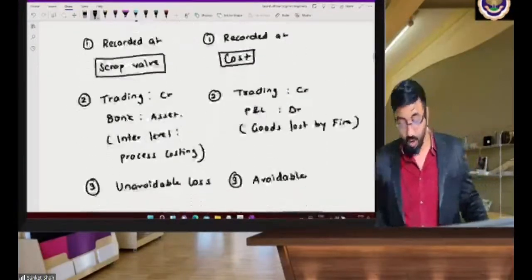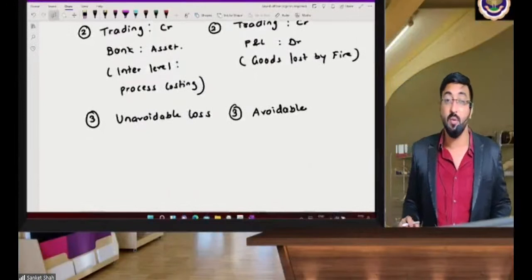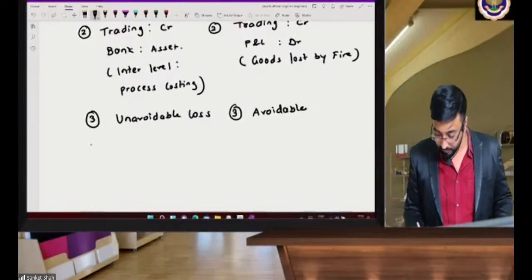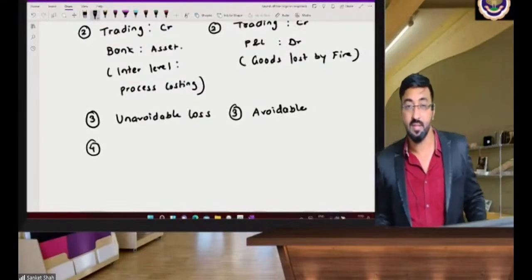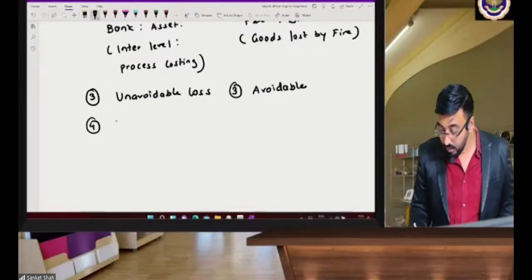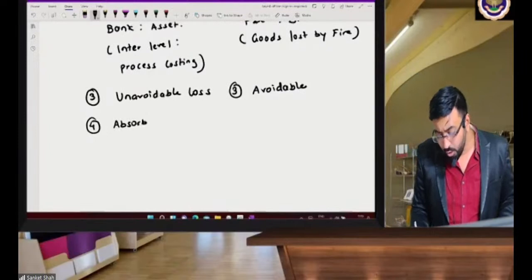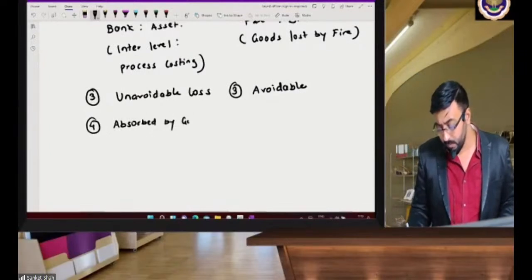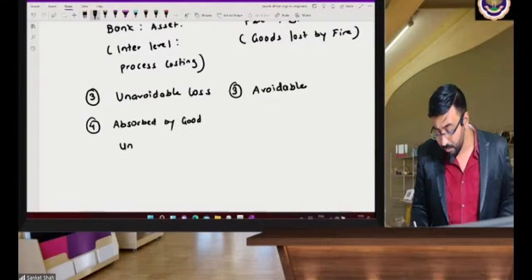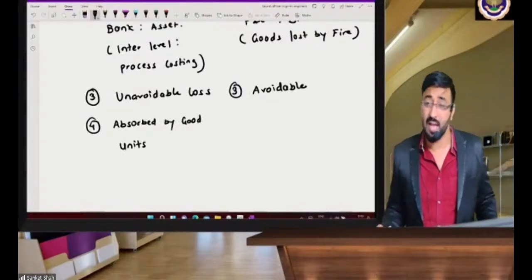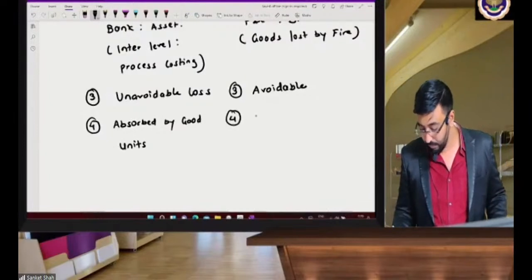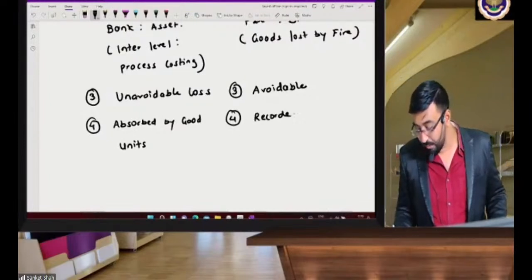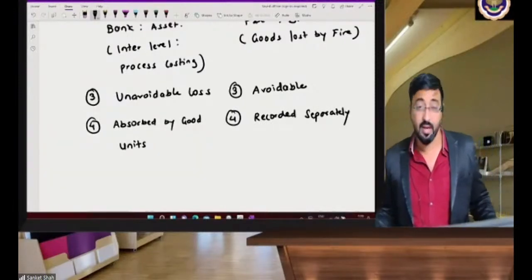So unavoidable versus avoidable. And next, this loss is absorbed by good units. Please give one example so it will be easy for us. The other one is recorded separately. It is not absorbed by anyone.